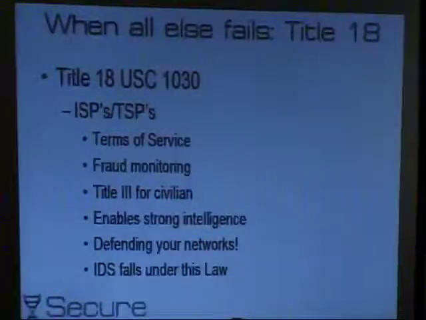The only way ISPs are allowed to do this is they have to have a terms of service or an AUP, and it basically has to let the user know, hey, if you're committing fraud, we have every right to monitor you, and we're going to do anything in our power to chase you down.